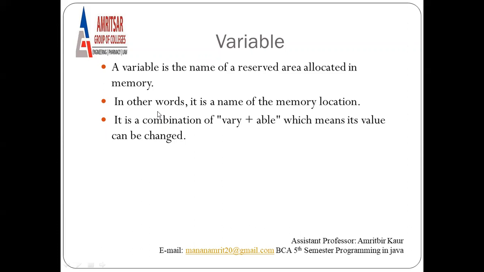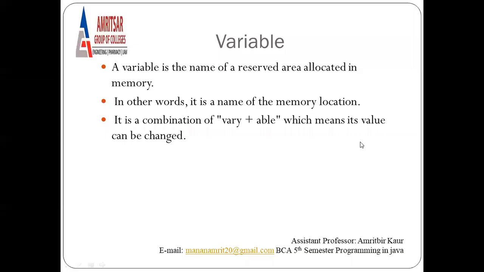For example, int a equals 10. So initially a is storing the value 10, and then we write a equals a plus 10. Now the value of variable a will be 20, because after adding 10 the value becomes 20. So the value of a variable can be changed. So this is all about the elements of Java.